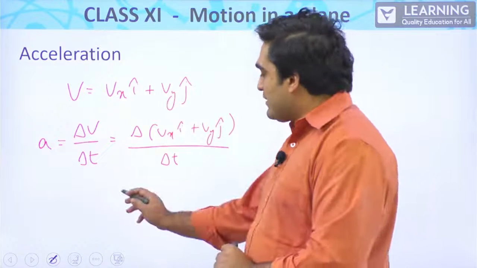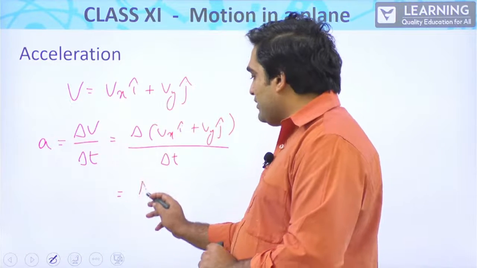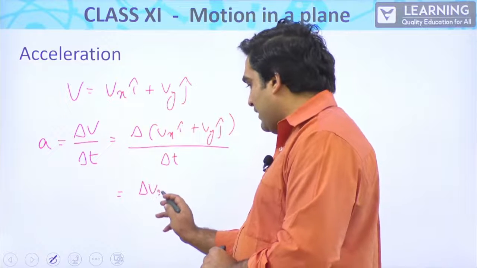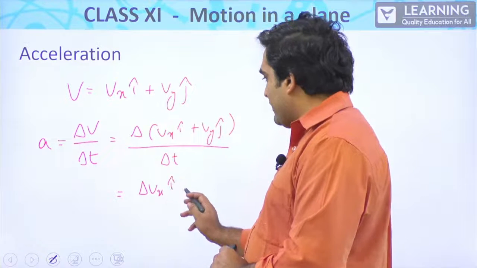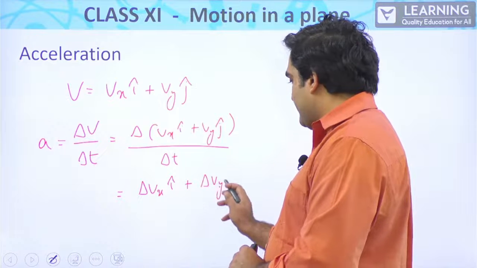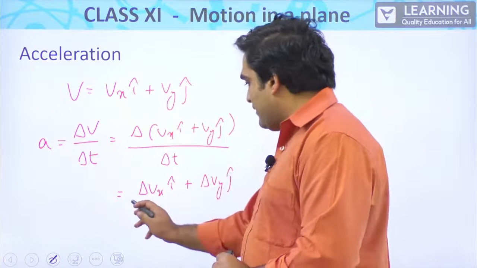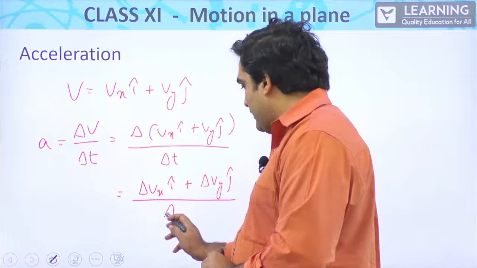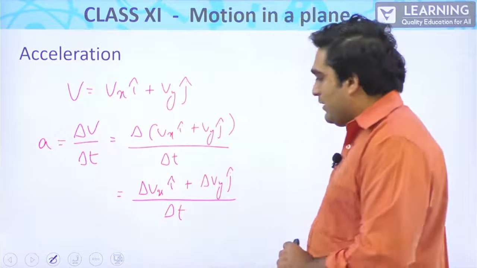So the difference can be observed on both the reference axes, namely the difference in the x-axis as well as the difference in the y-axis, divided by delta t.